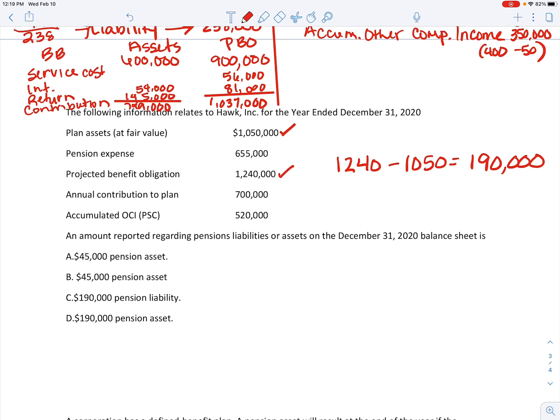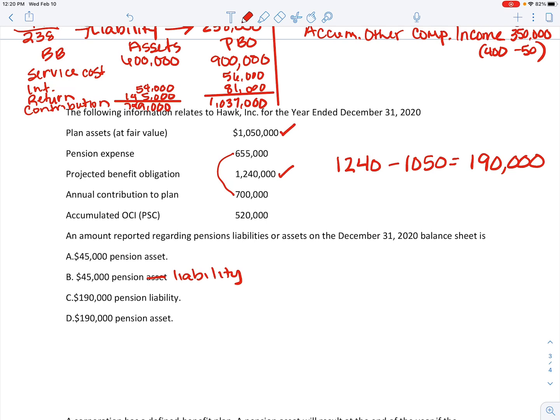Now I have to determine, do I have a plan asset or a plan liability? This should say liability. I know it's not the right answer anyway, because this one is taking the difference between that, which we know we don't use. So the answer is $190,000, but do I have a liability or an asset?